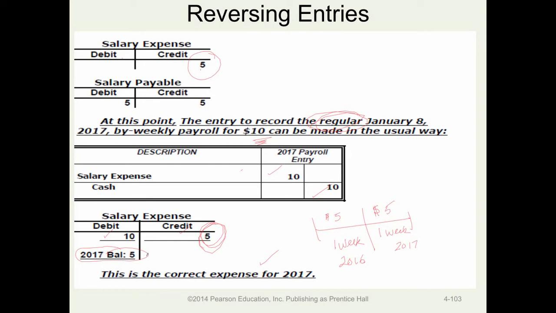That means that the amount of expense that's reflected on the income statement at this point is $5. So the balance after the reversing entry is 5. Just like the balance here of salary payable is 0.